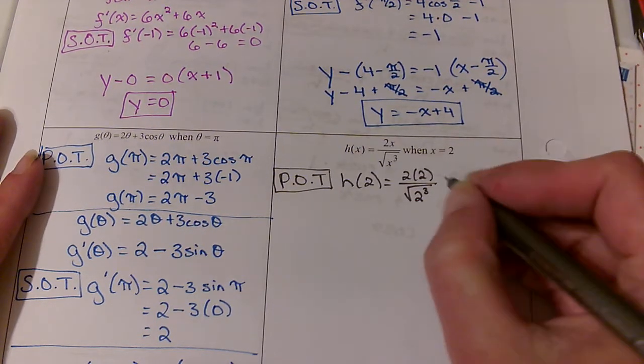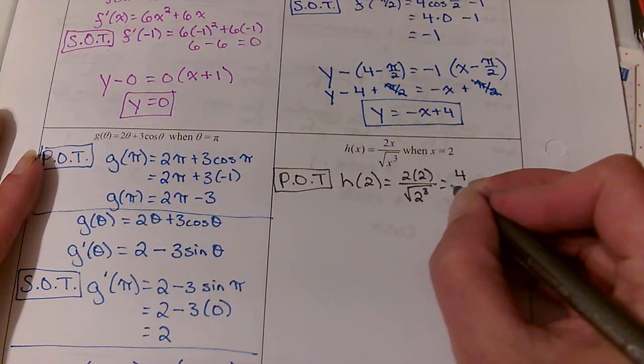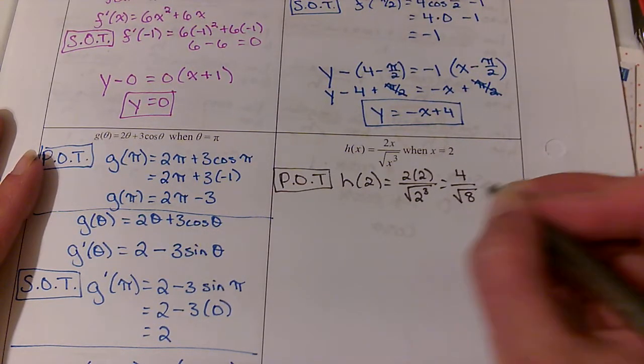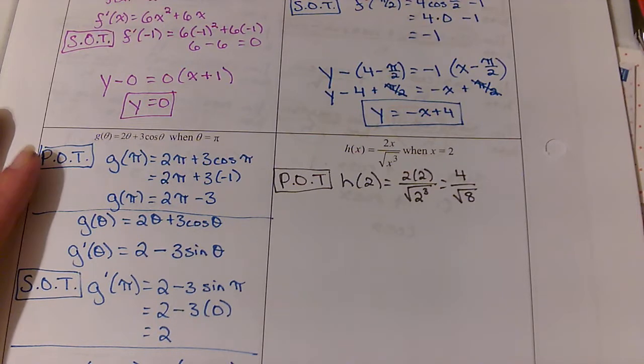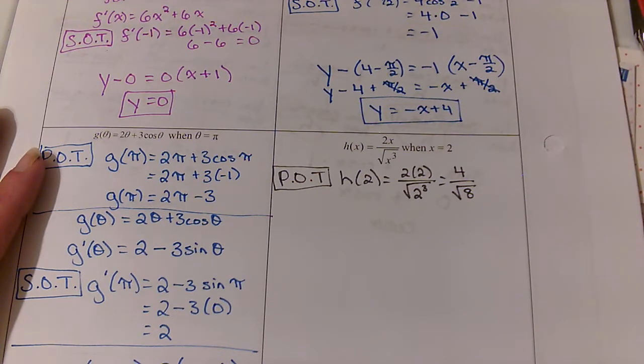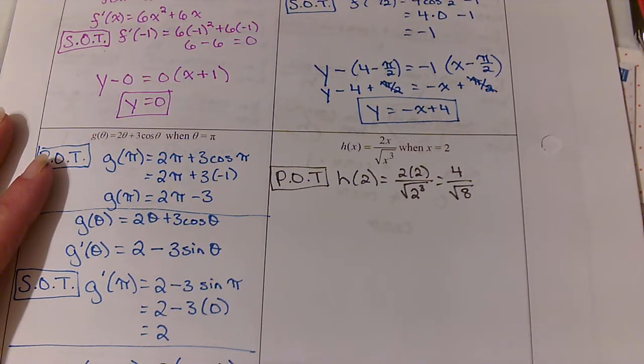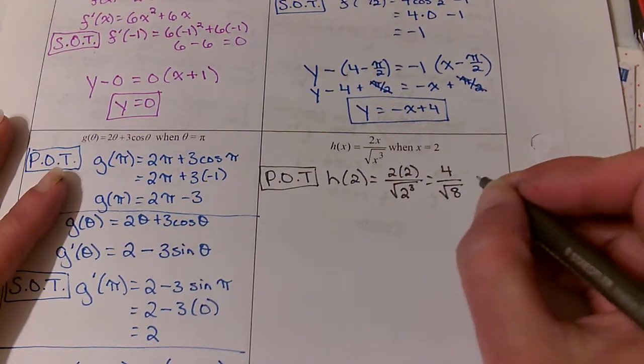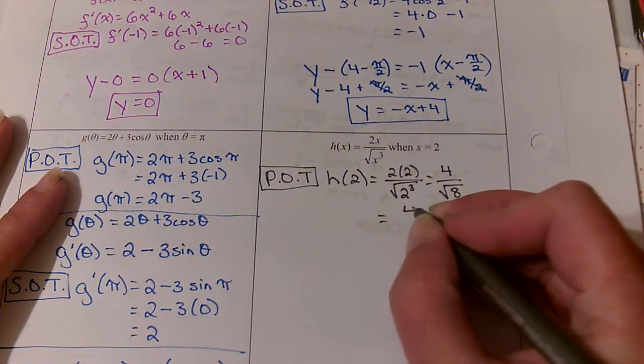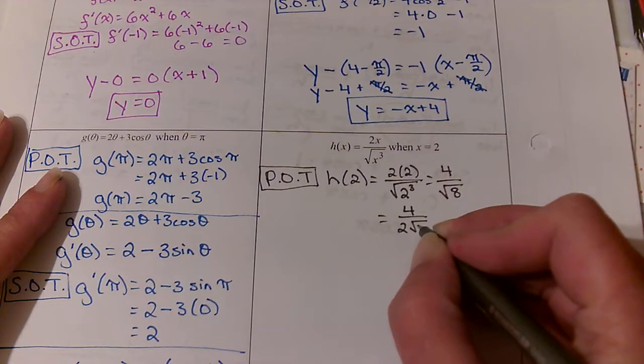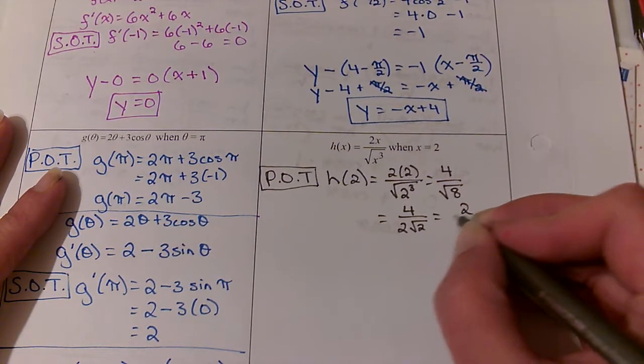Well, that's 4 over the square root of 8. And just to make it look prettier, that's 2 root 2. So I would have 2 over the square root of 2.